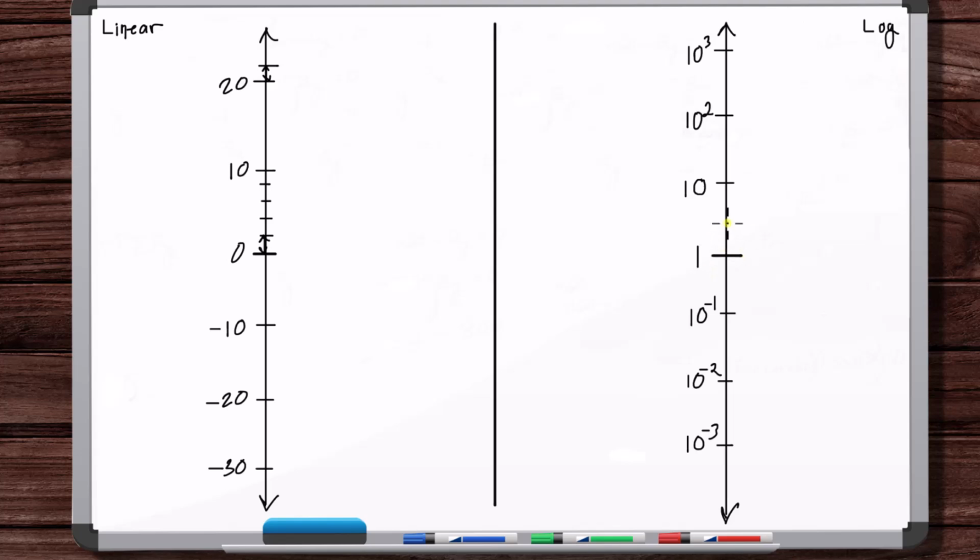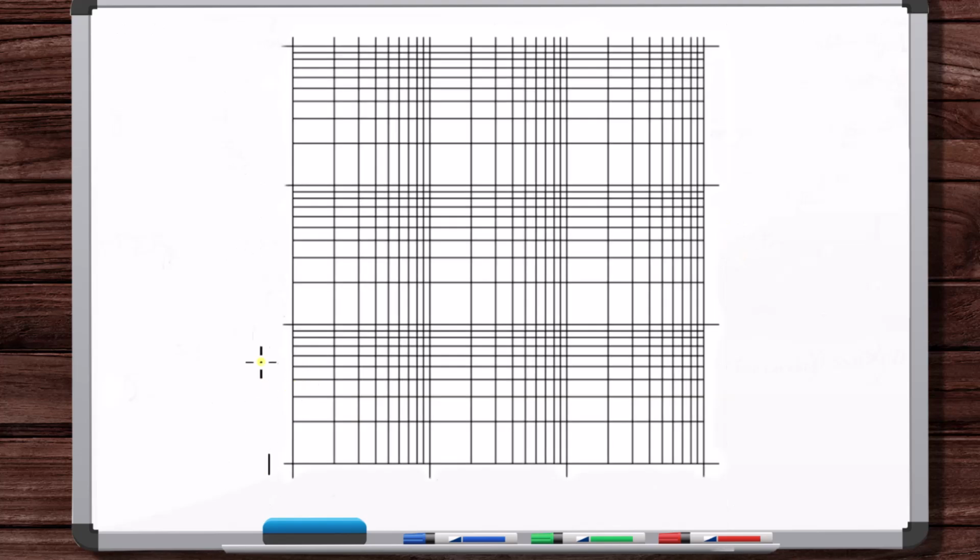So let's look here. Okay, if this is 2, that means that when you went from here to here, you multiplied the starting number by 2.